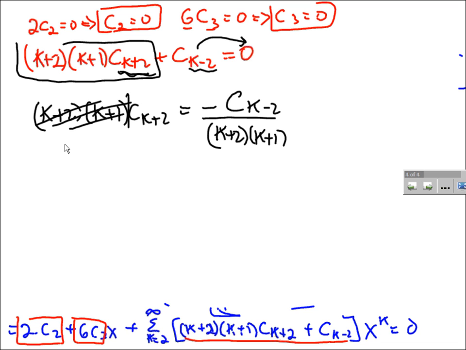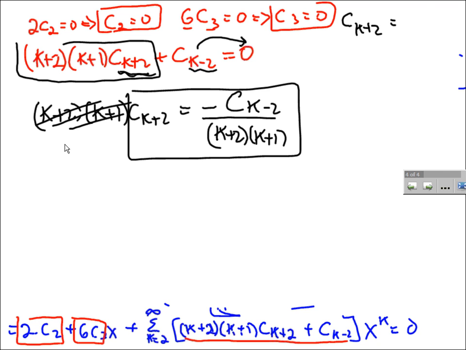And there it is. That's called a recursion formula. C sub k plus 2 is equal to negative c sub k minus 2 over k plus 2 times k plus 1.